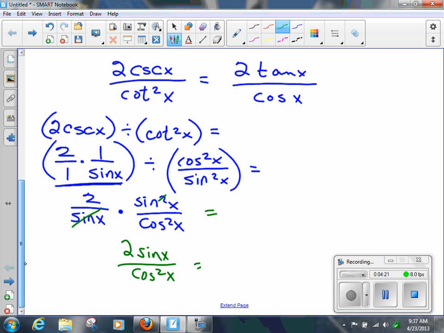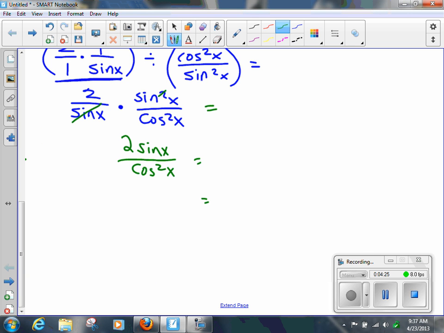How about this? Can I rewrite this? 2 sine x over cosine x times 1 over cosine x. If you understand multiplying fractions, then that should make sense to you. Look at that very carefully.